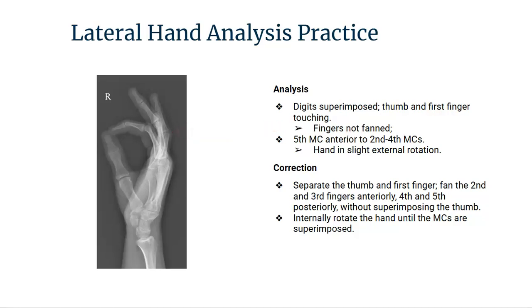The 5th metacarpal is positioned anterior to the 2nd through 4th metacarpals, which tells us that the hand is in slight external rotation. To correct this imaging error, we need to separate the thumb and the first finger, ensuring that they aren't touching. Fan the 2nd and 3rd fingers anteriorly and the 4th and 5th fingers posteriorly. Then we also need to internally rotate the hand until the metacarpals are superimposed for proper alignment.